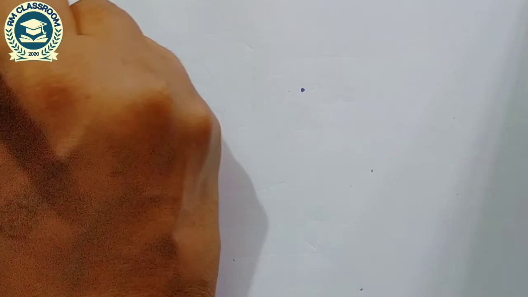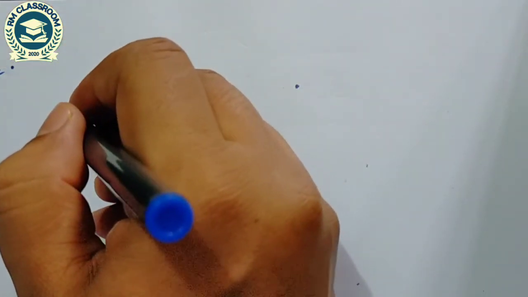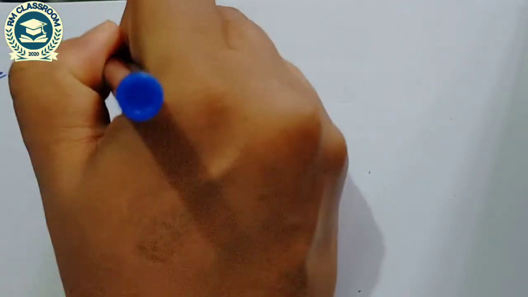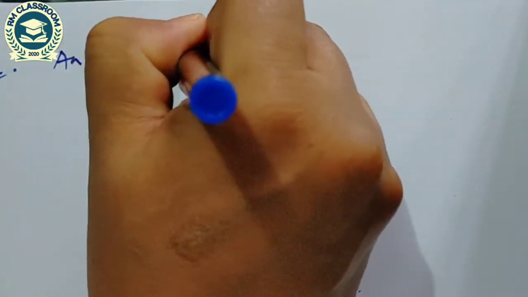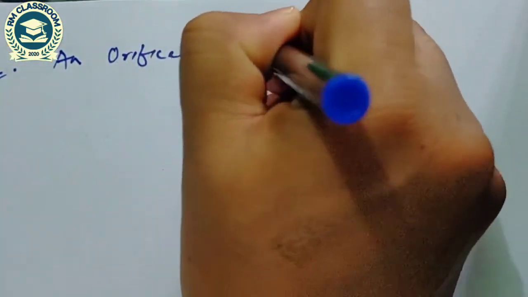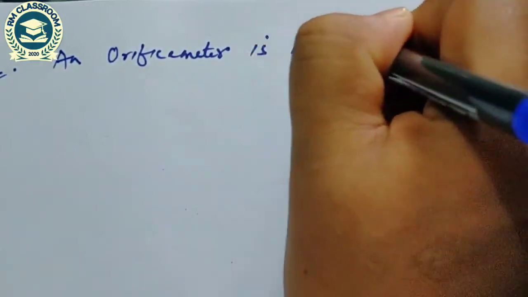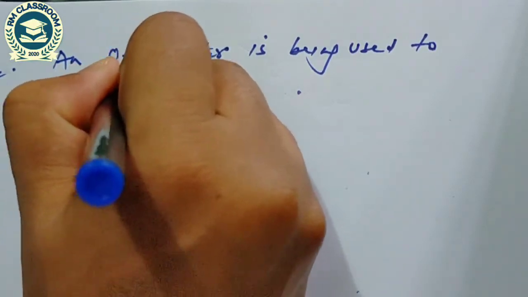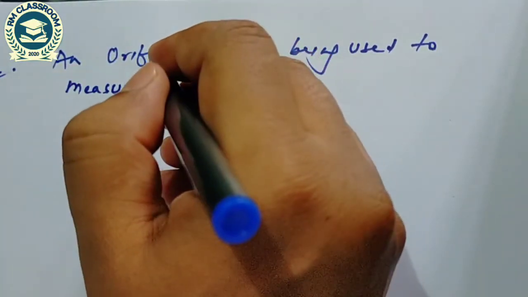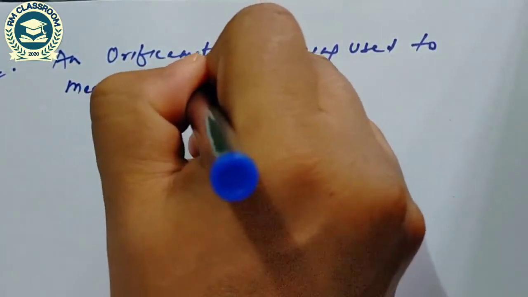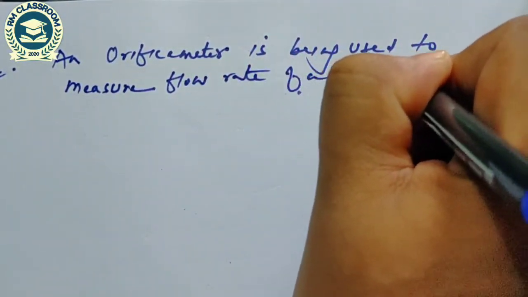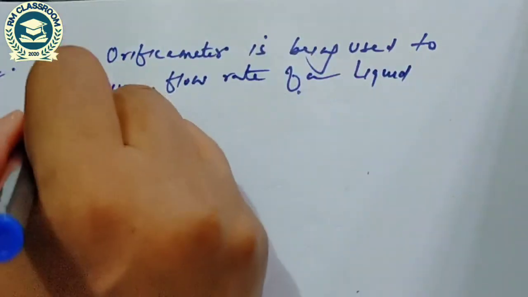So let us take one problem. An orifice meter is being used to measure the flow rate of a liquid in a pipe.